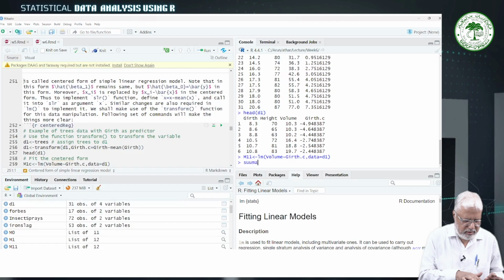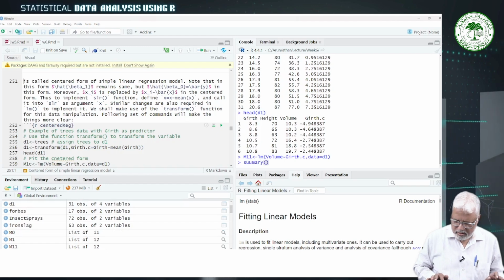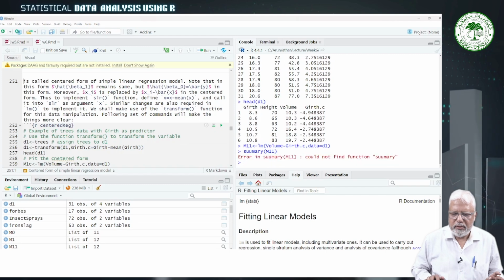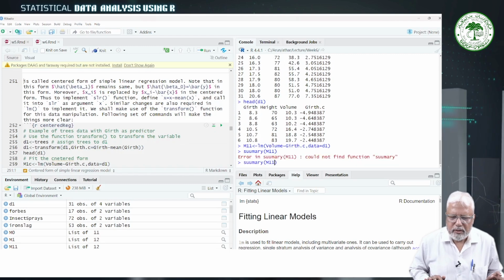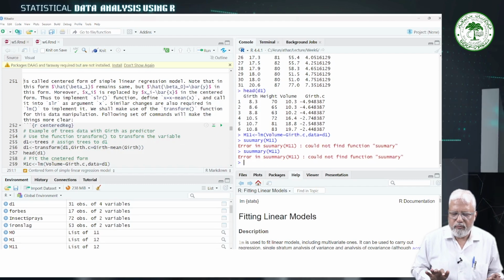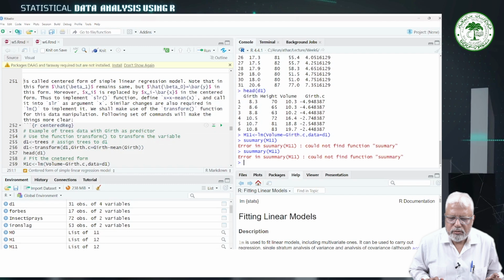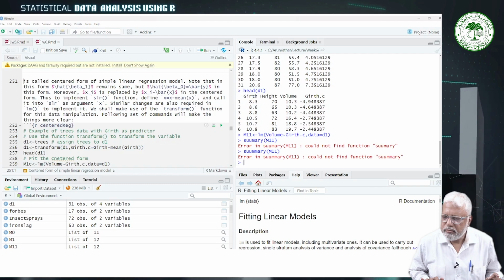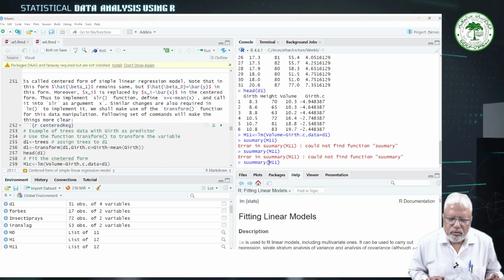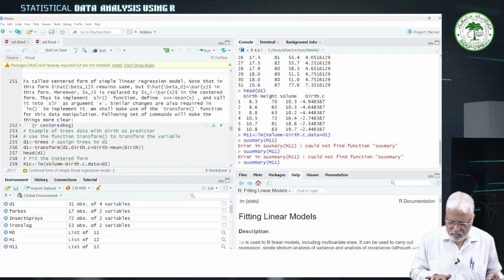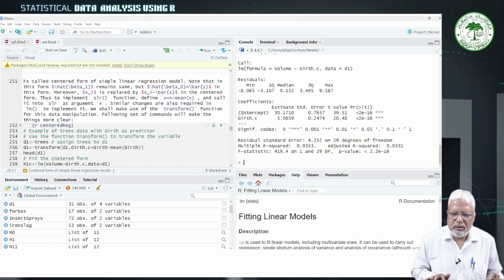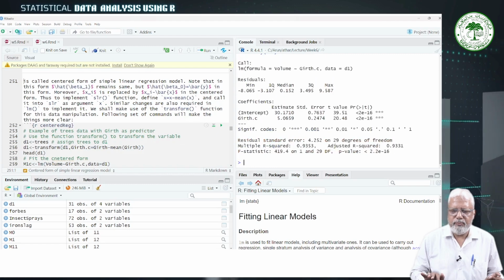When we put summary of M11, it is summary M11, and here it is 30.17.